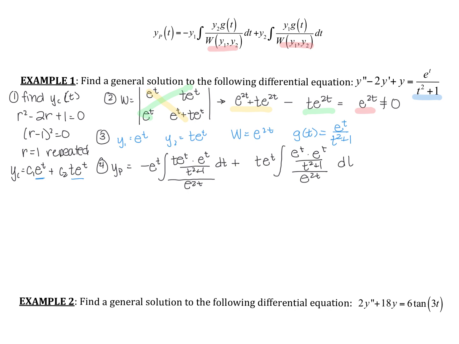And you can see, hopefully, that in each of these integrals, while they look messy to begin with, if we just use a little bit of algebra, it will clean up quite a bit. So let's do that.